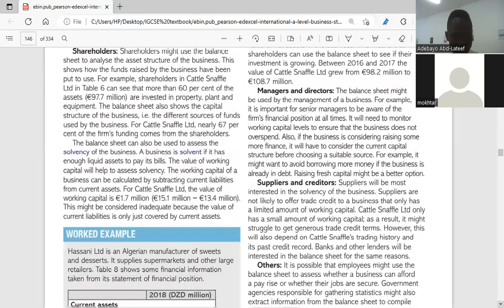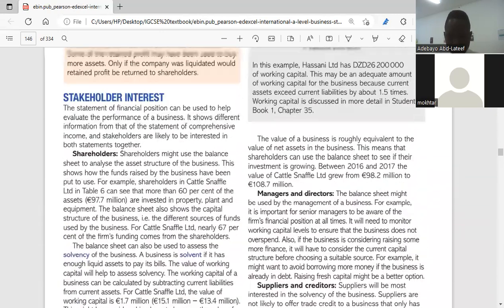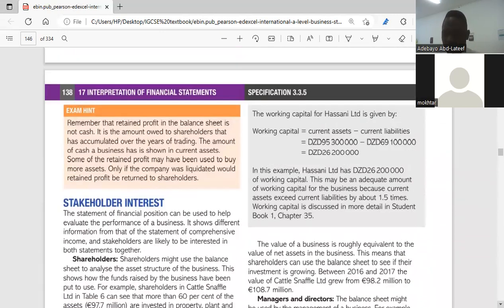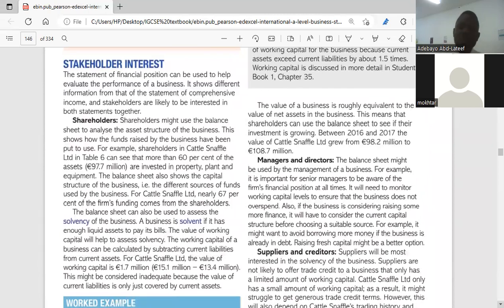Then for the managers and directors, they are the decision makers. So what interest is it to them? The balance sheet might be used by the management of a business, for example, for senior managers to be aware of their firm's financial position at all times.